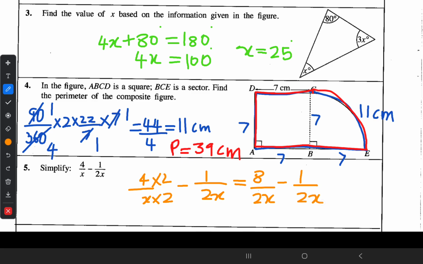Since the denominators became the same, we can do the operation between numerators. 8 minus 1, it would be 7. So this is the correct answer. We cannot express this one in mixed fraction, so just keep your answer as an improper fraction.